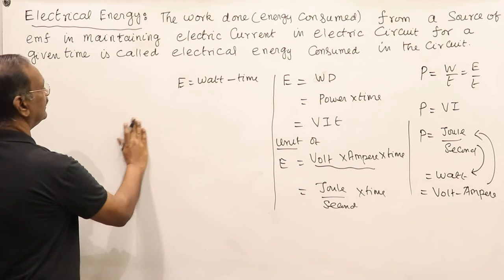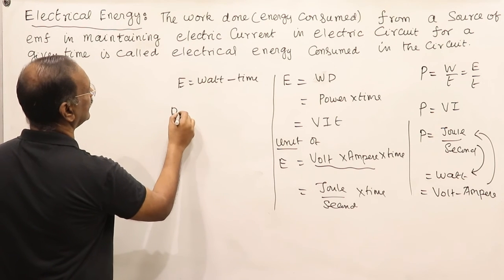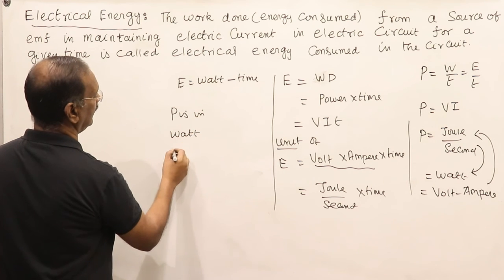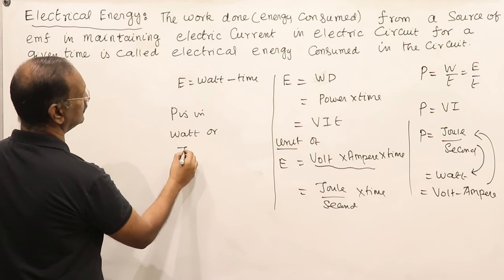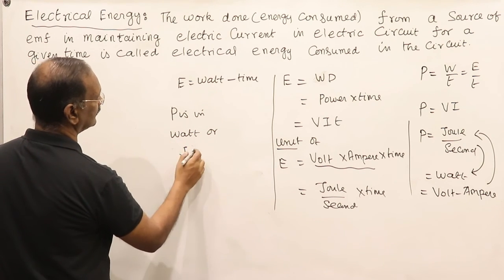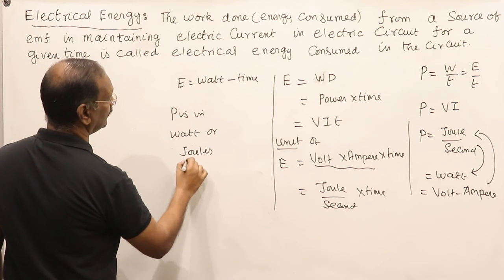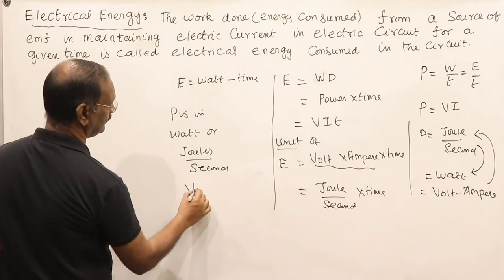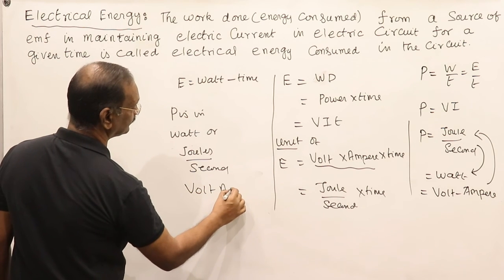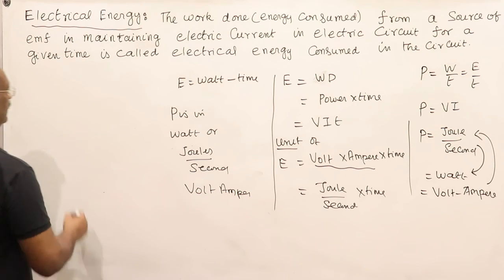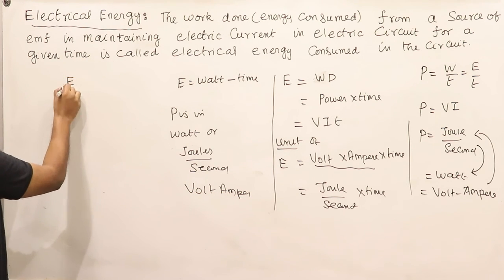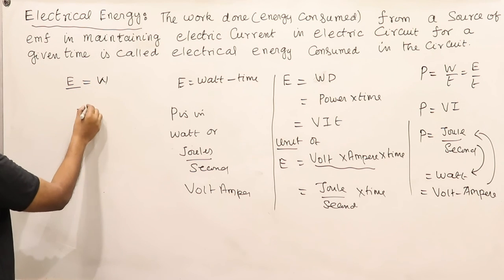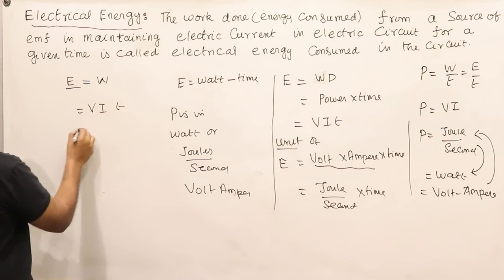See, it is very important, the power is in watt or joules per second or volt ampere. And energy is nothing but heat energy. How much work is being done? Work is equal to power into time.